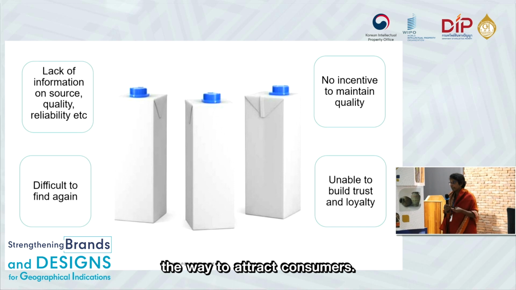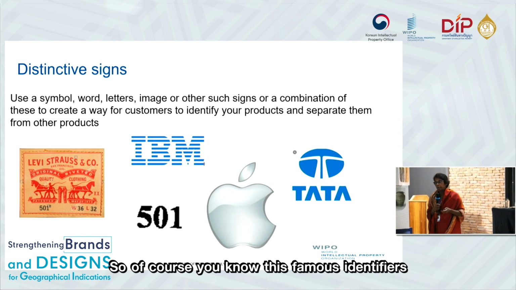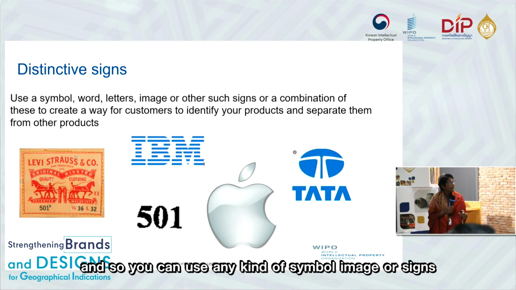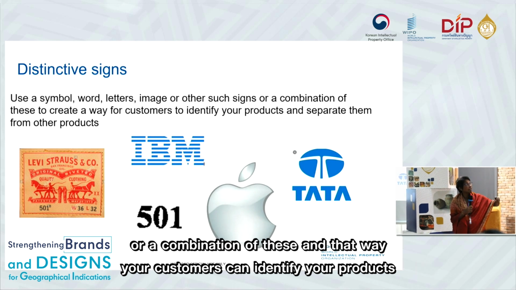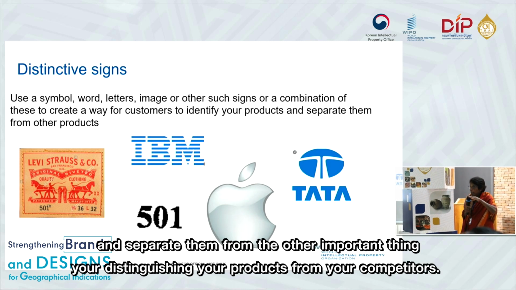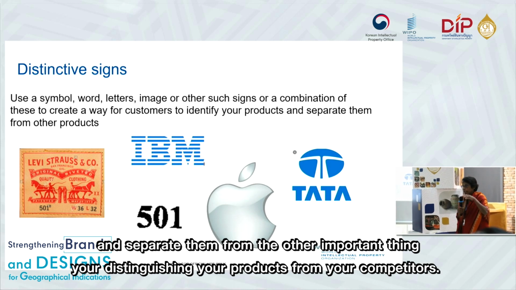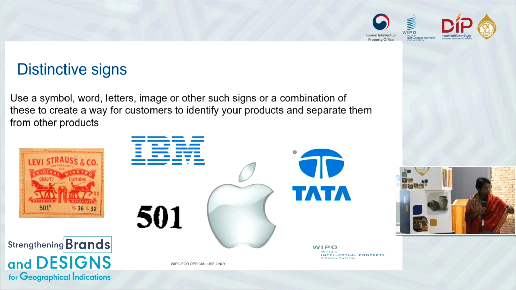It is a way to attract consumers. Of course you know these famous identifiers, and you can use any kind of symbol, image or sign, or a combination of these, and that way your customers can identify your products and separate them from the others. That's the other important thing: you're distinguishing your products from your competitors.